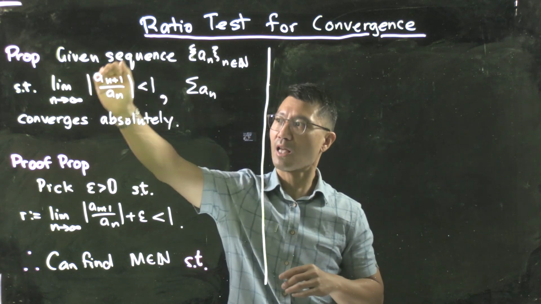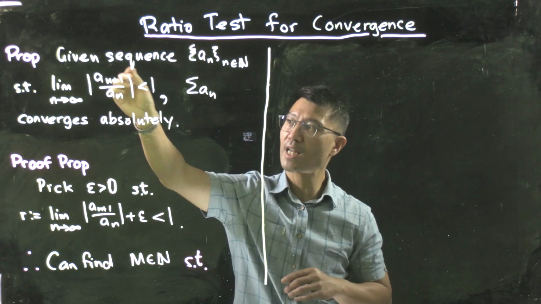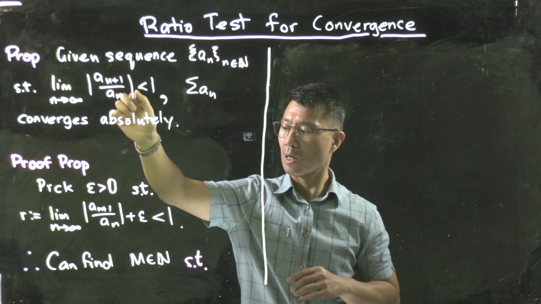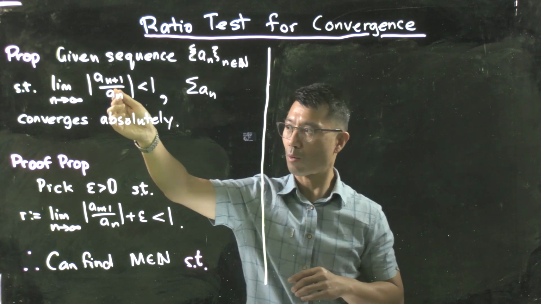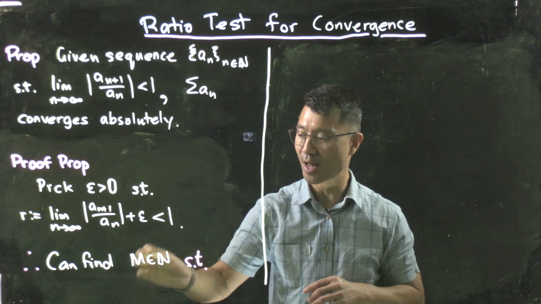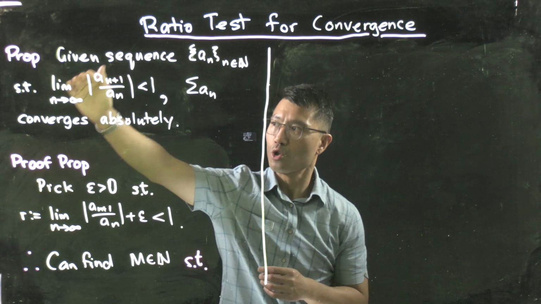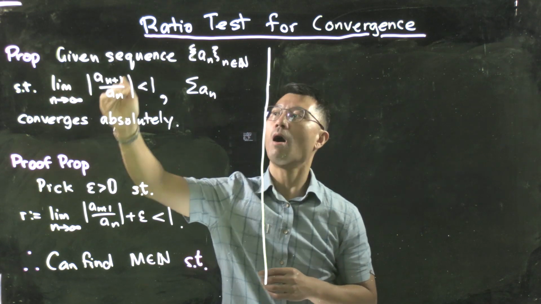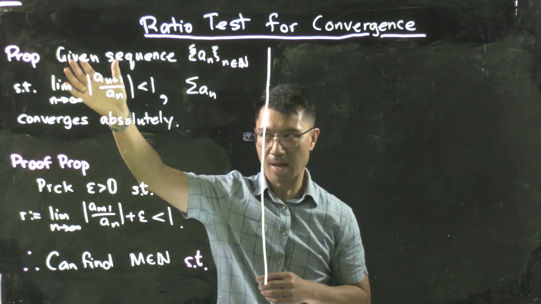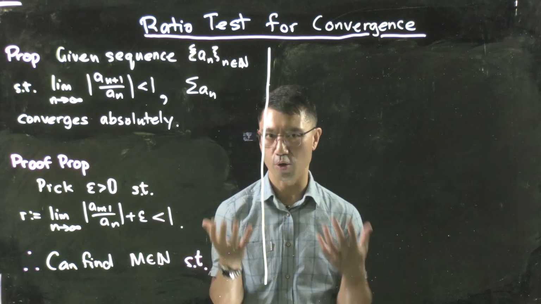A limit means that if you go far enough out, for sufficiently large values of n, say for all n greater than or equal to this natural number m, you will be within epsilon of this limit, whatever that positive epsilon is. Okay, so that's the level of closeness.